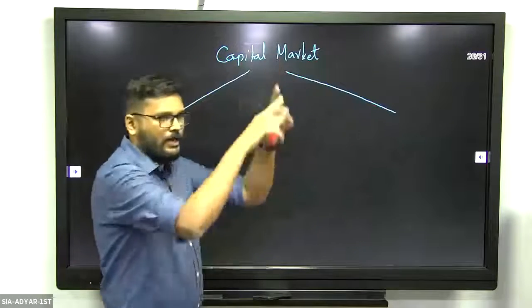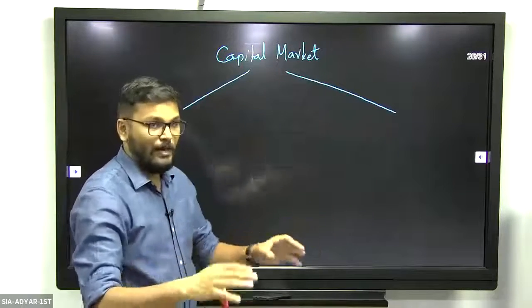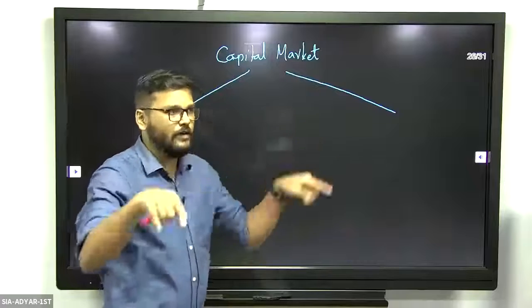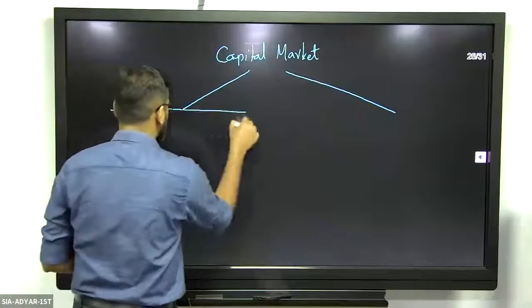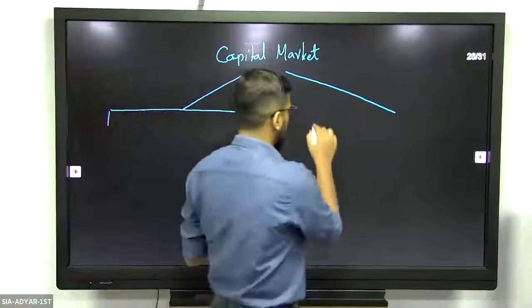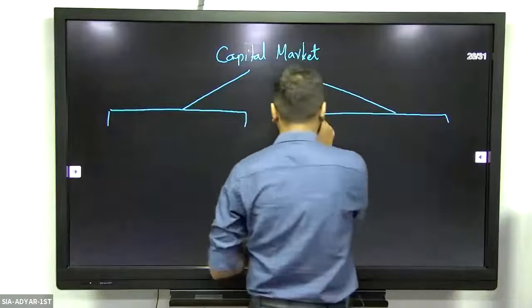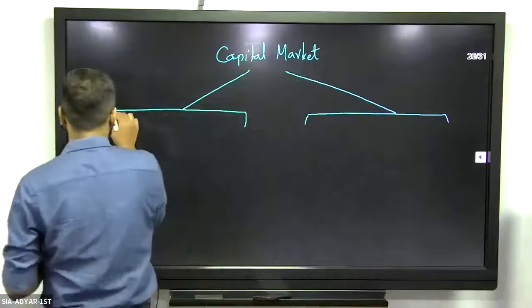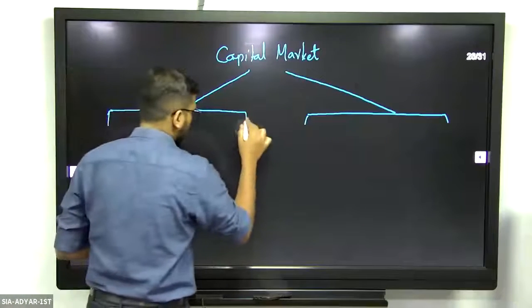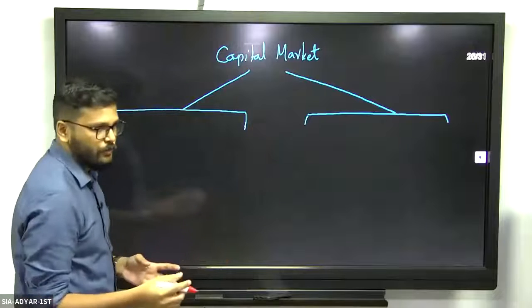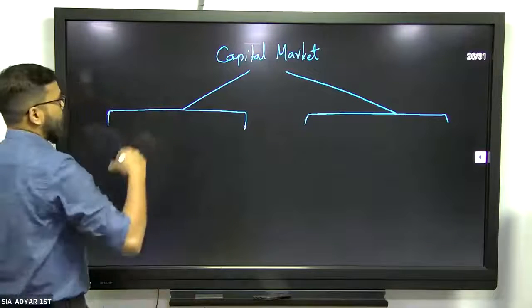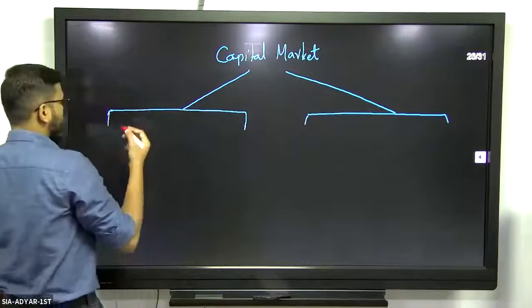So capital market has 2 different classifications itself. I'm not saying capital market is divided into 2. It is, but based on 2 different criteria, it is divided into two markets. So here there is a classification, and completely in an unrelated manner, here there is a classification. Here the classification is based on the ownership position it gives you. Okay, we have capital market based on the transaction.